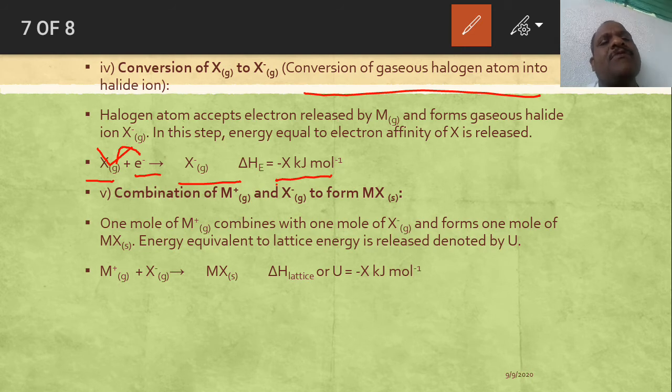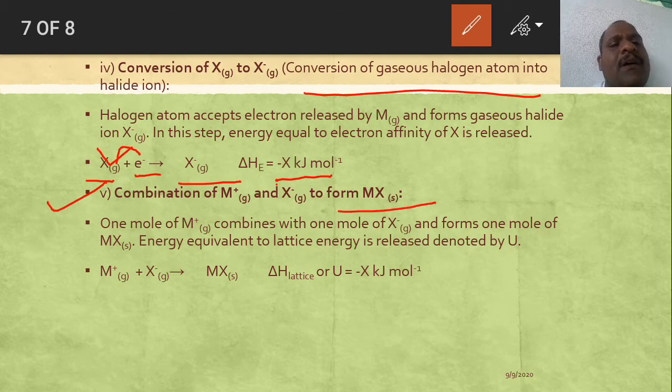Fifth step is combination of metal ion in gaseous state and halide ion in gaseous state. When both combine, they form the metal halide in solid state. So 1 mole of metal ion in gaseous state combines with 1 mole of halide ion in gaseous form to form 1 mole of metal halide in solid state.